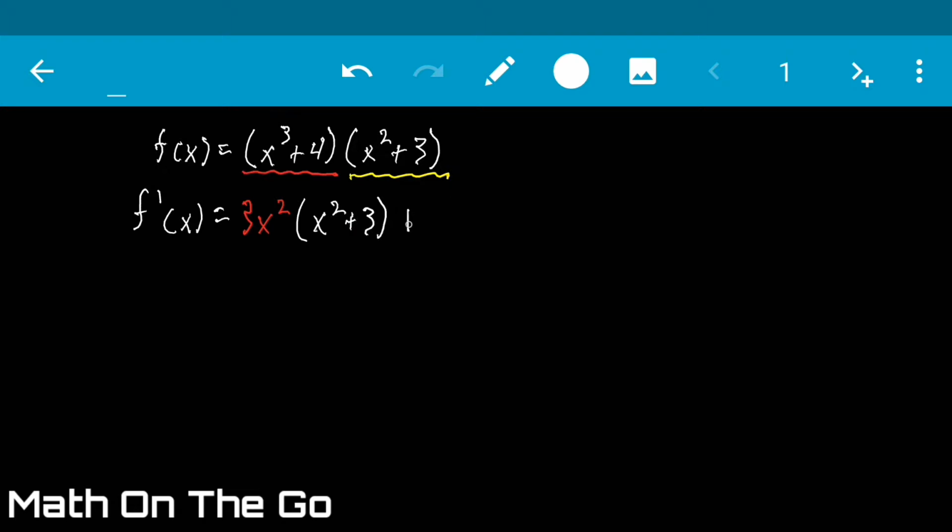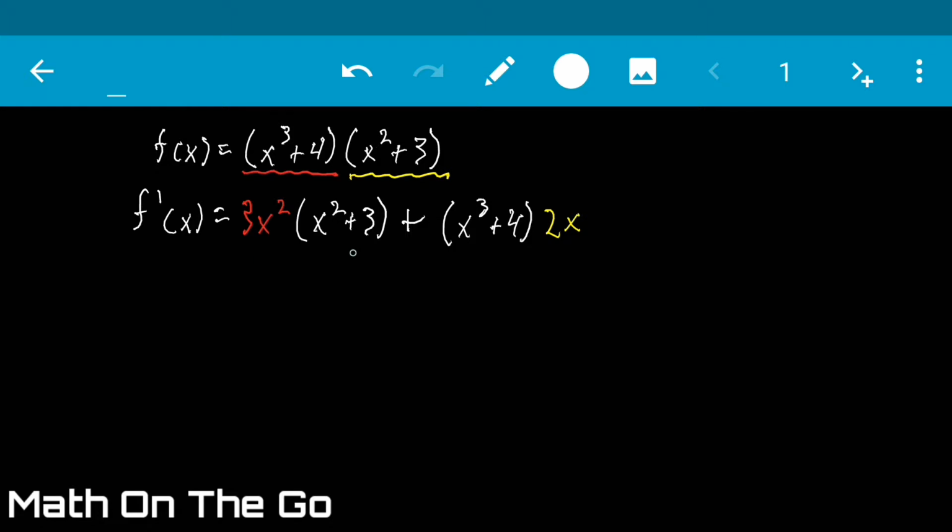Now we do plus our first, x cubed plus 4, times the derivative of the second. So our second is x squared plus 3. So x squared becomes 2x. Our plus 3 becomes 0 because, again, a constant is 0. So that is our derivative.